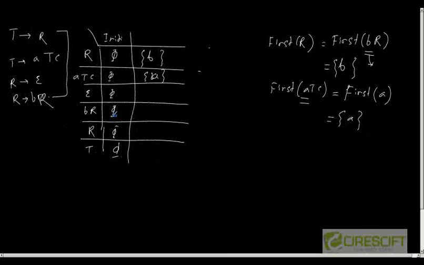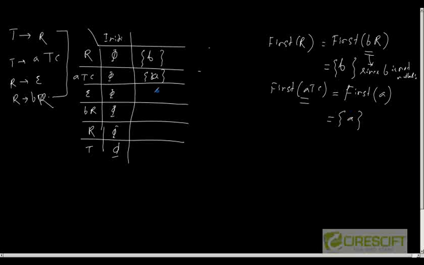So here R was BR, and hence first of R will be first of BR, and it will be B since B is not nullable. Understood? B cannot be nullable. Now first of ATC will be first of A because A is not nullable.